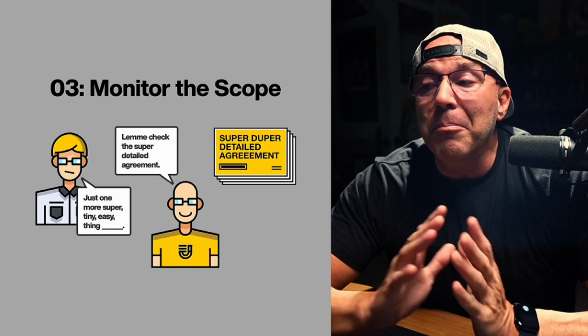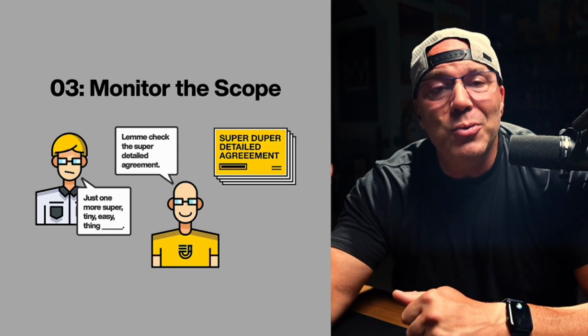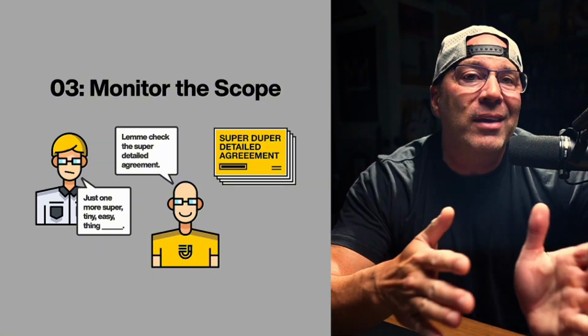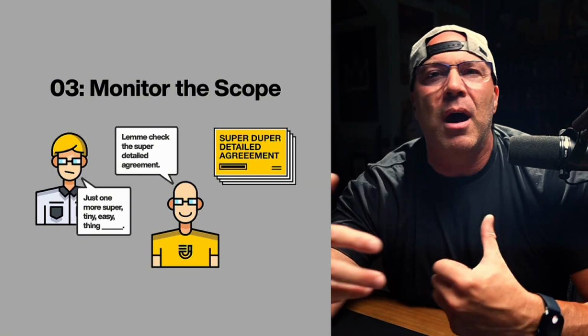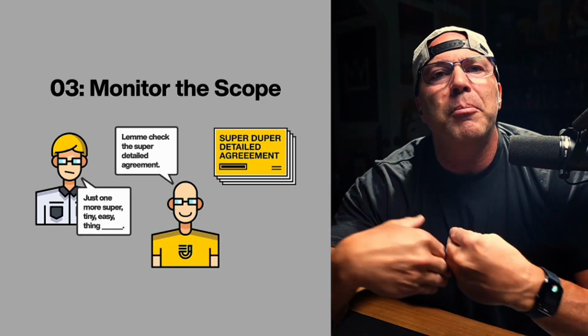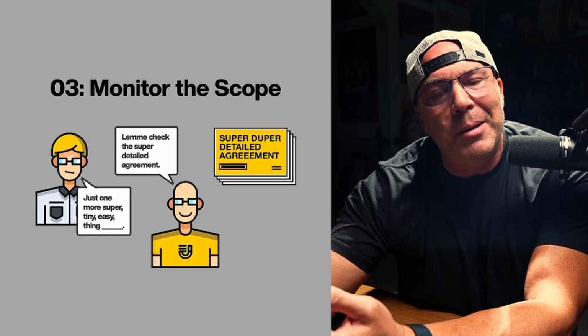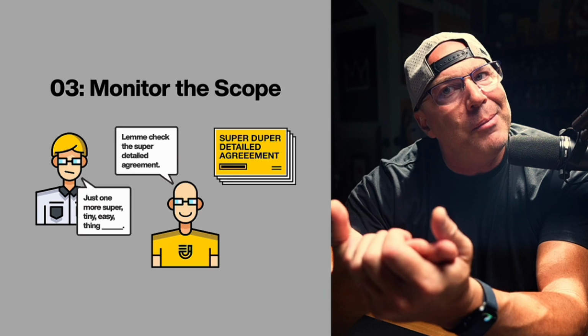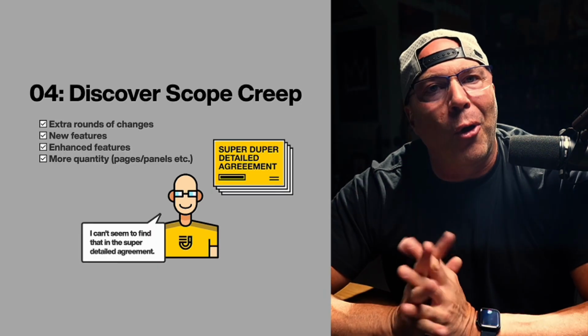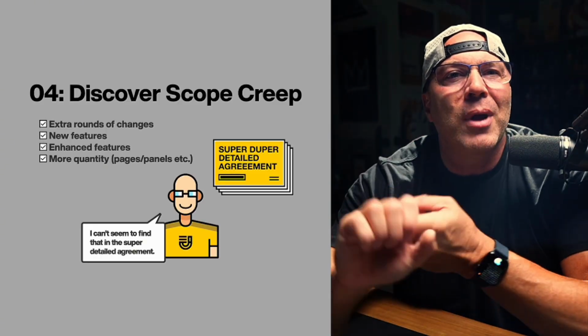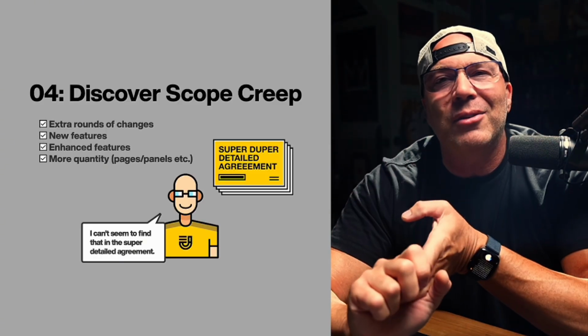Right? Then you're going to just start monitoring the scope as you get going. When the client asks for extra rounds or when they ask for more design comps and things, you want to be able to go back to your agreement and say to them, hey, let me check. Oh, that's out of scope. It could be extra rounds, new features, or enhanced features.